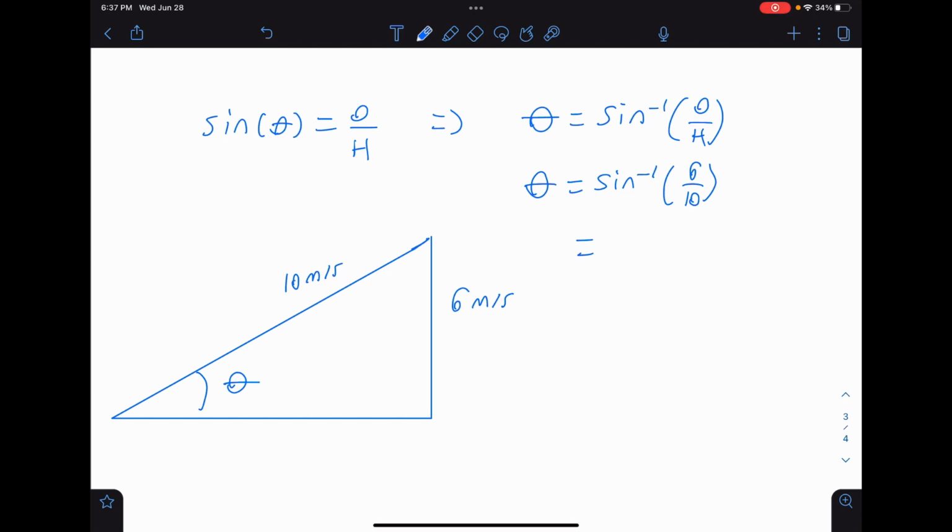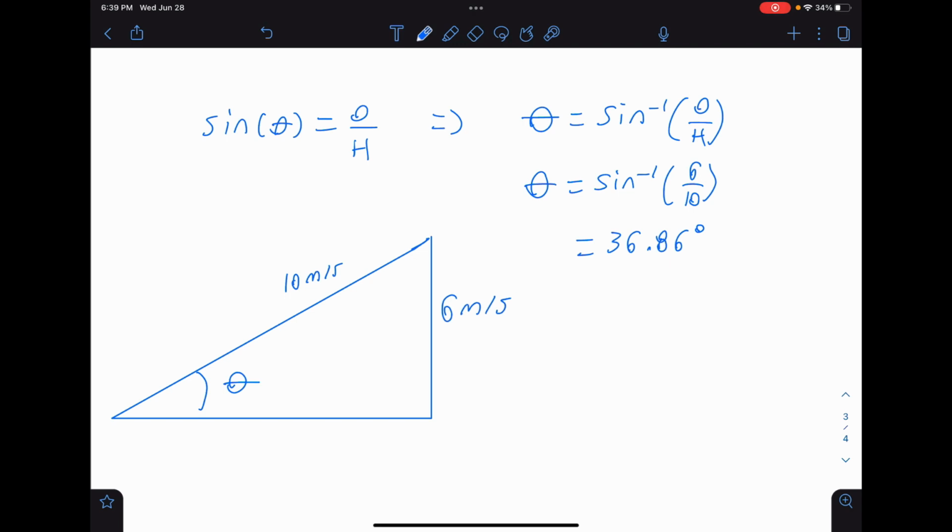And that gives you the angle for the opposite and the hypotenuse, being theta in this case. Now we could also find this angle using cosine, and I'll show you that in a second. So you should get 36.86, I didn't round anything, degrees.